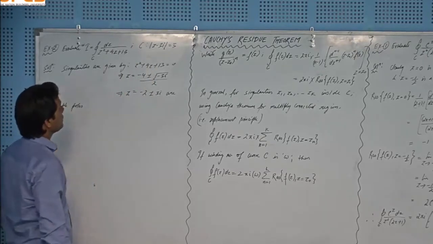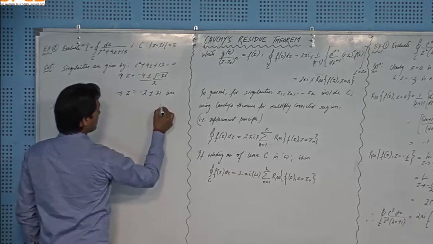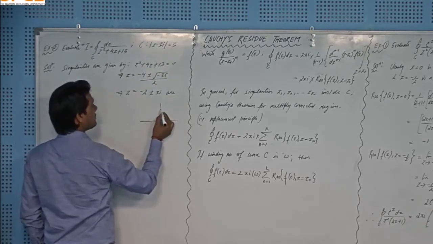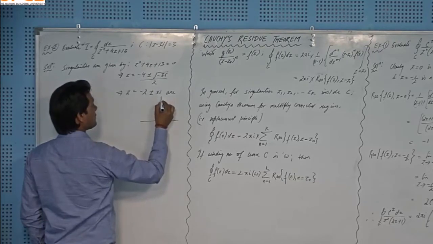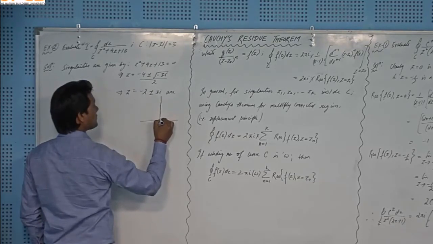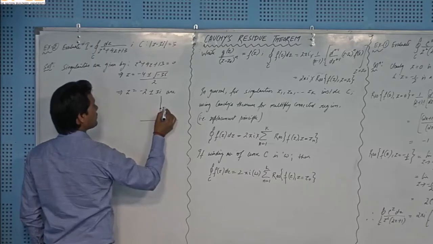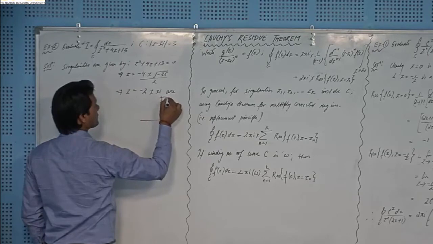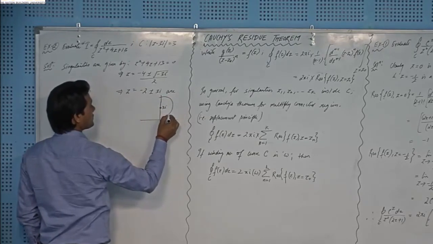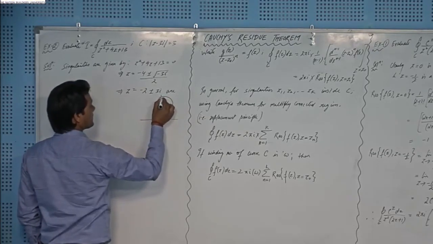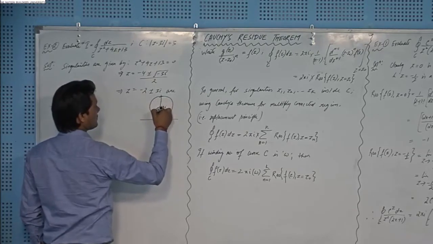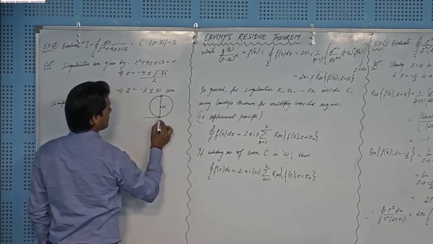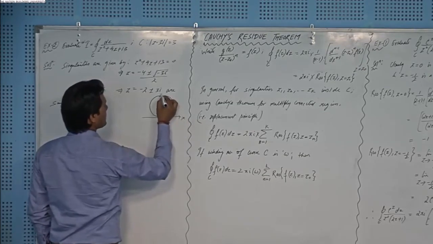So I will draw this circle first. My circle is centered at 3 iota, so 3 iota will be here, something here on the y-axis, and the radius is also equal to 3, so it will be something like this, touching the x-axis. This is the x-axis, and this is the y-axis.